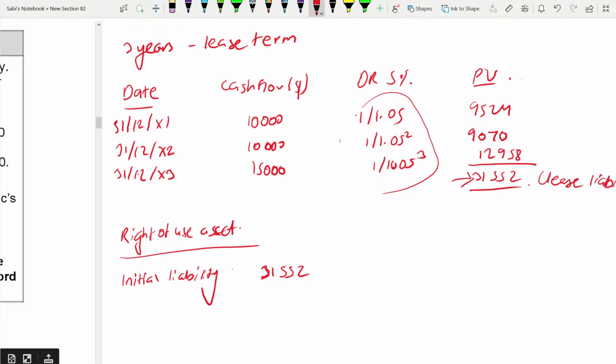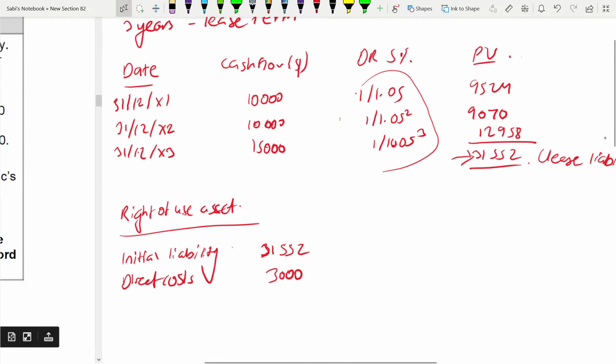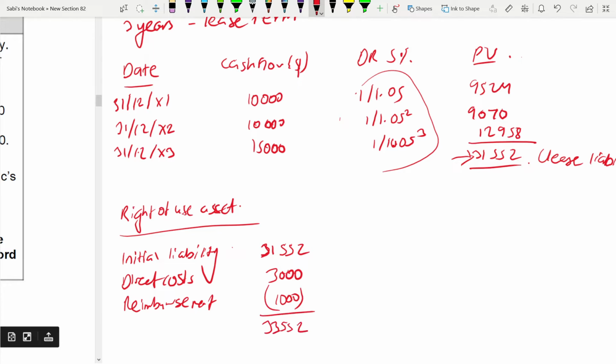After that, you add direct cost. They told us the direct cost was 3,000. Anything reimbursed by the lessor to the lessee needs to be deducted. They have reimbursed 1,000. So you add up, and it becomes 33,552. Okay, so we are done.